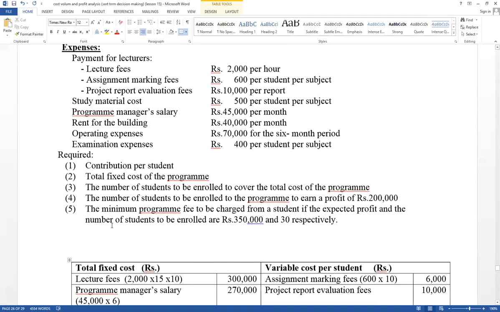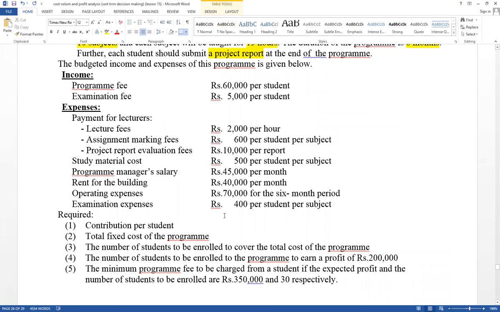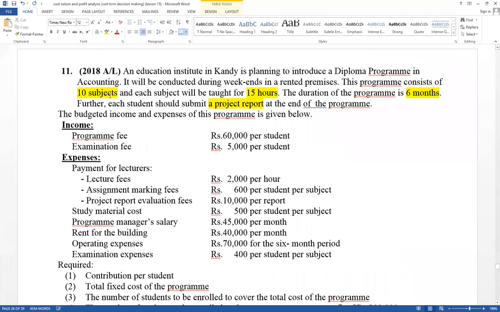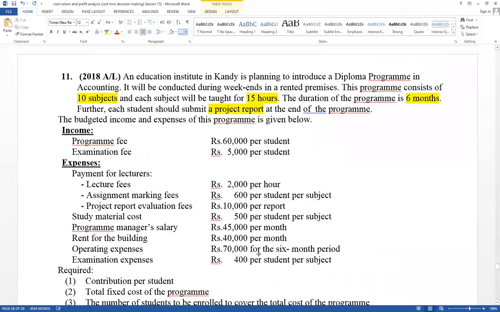The last one, examination expense. 400 per student per subject. It varies with the number of students, but given per subject, and there are 10 subjects available. Therefore, this is a variable cost, but you have to calculate the variable cost per student.